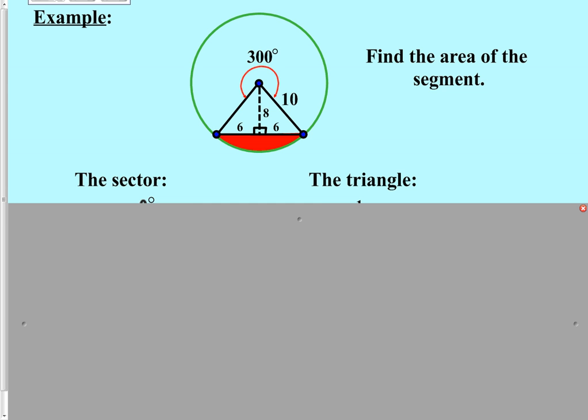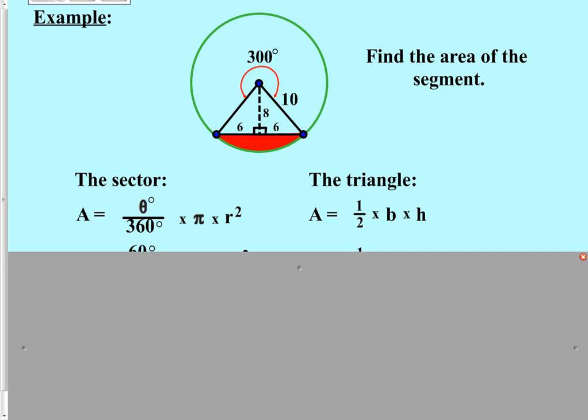There is a sector. We know sectors, we know how to work with sectors. There is a triangle that is missing from the sector. Well, triangle is a shape that we know and we have formulas for. So we don't really need a new formula in order to tell us what's going on with a segment, because it's basically a collection of two other formulas that we already know.